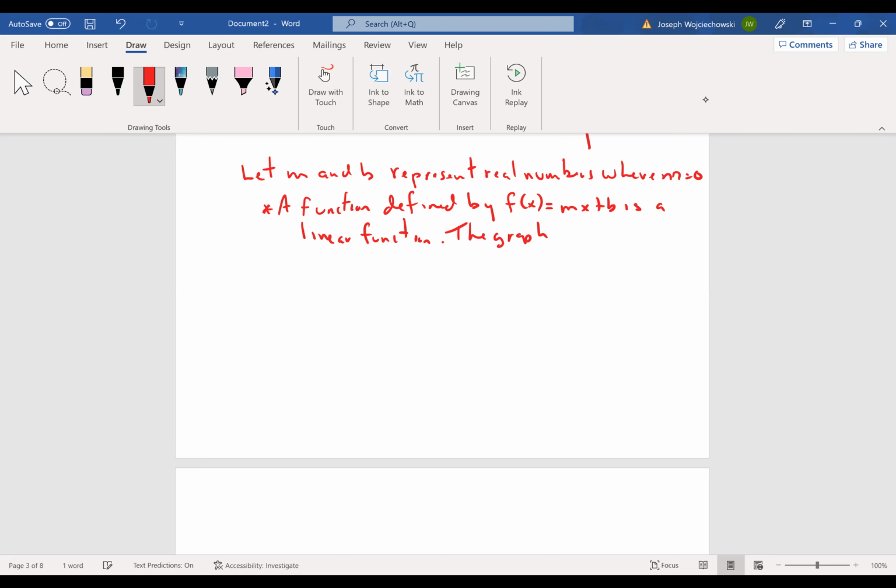A graph of a linear function is a slanted line, which we've seen.